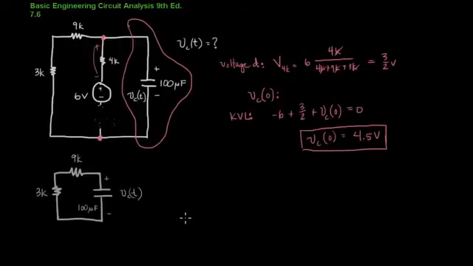To solve for VC of t, remember that earlier I mentioned that it's easiest to apply KCL to a first-order circuit that has a capacitor in it. So we'll choose this as our node, and we'll choose our currents going this way. We can really choose them any way we want, but this just makes things easier. Now we'll solve our KCL equation.